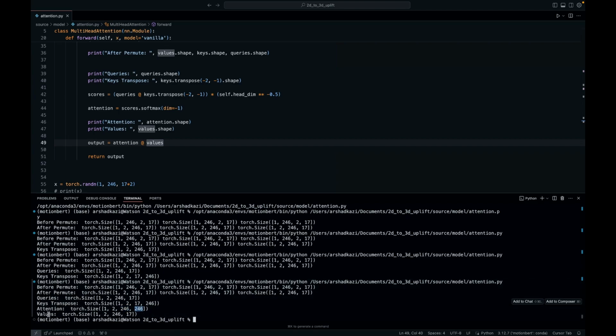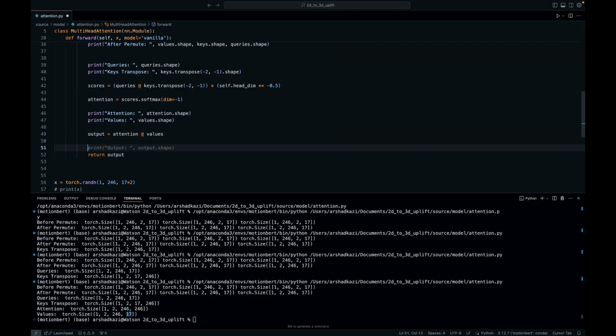Then we have the values. This is like a librarian going into the library and asking which books I can actually read, and then I'm combining this with the values. So the output would be 246 by 17, that would be my actual output shape.